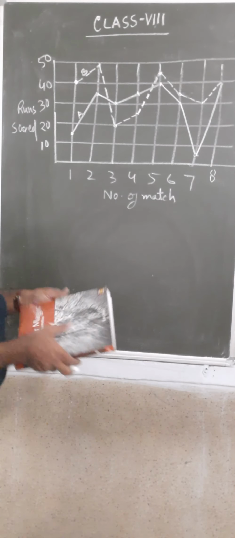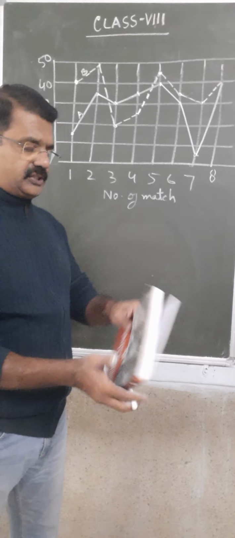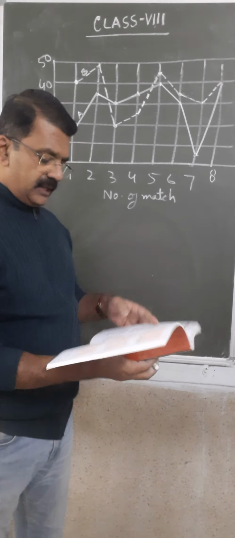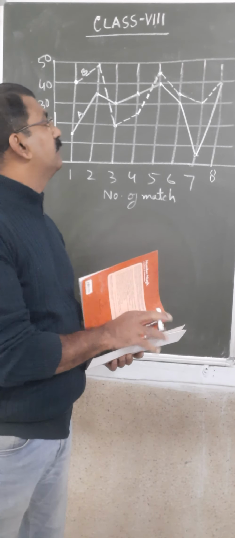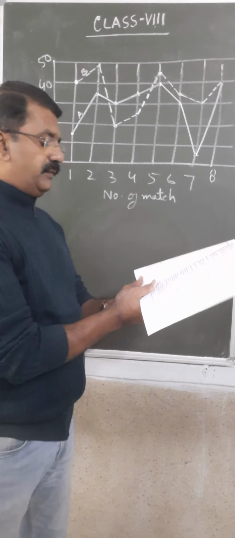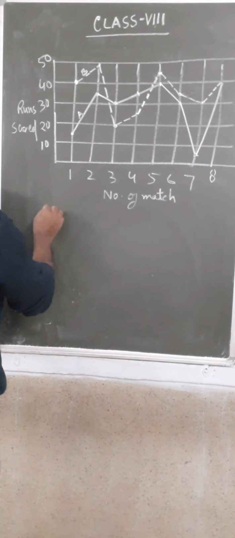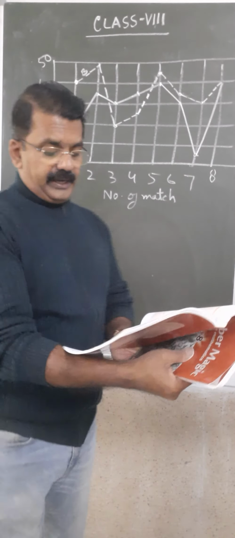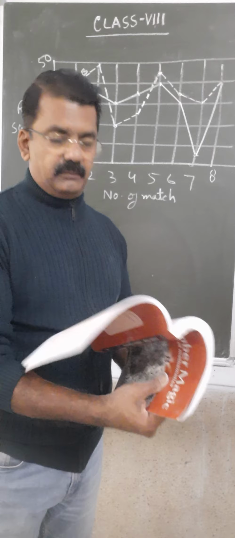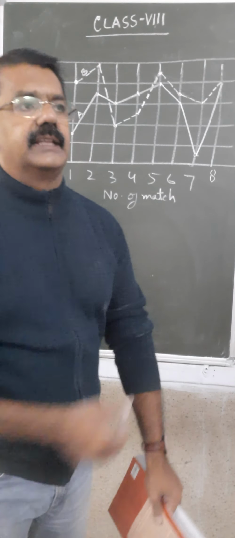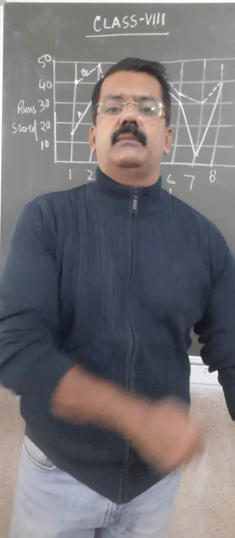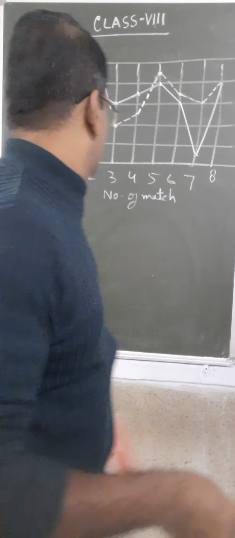Now there are a few questions based on the graphs and you have to answer them by seeing the graph. The first part of the question says, what information is given by the two axes? That is, what information is given by the x-axis and the y-axis.